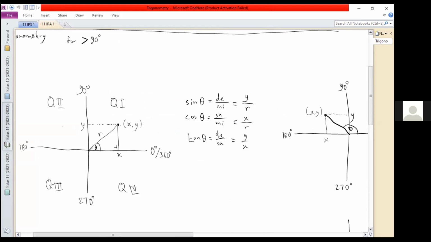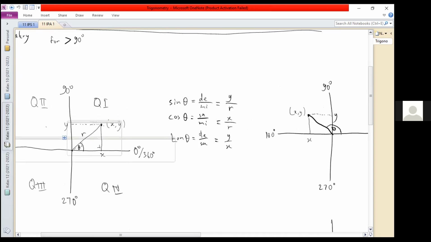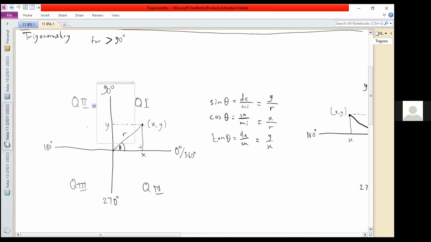Okay, so I gave you some examples here. The region between 0 and 90 degrees is called the first quadrant, quadrant 1. The region between 90 and 180 degrees is the second quadrant. The next one, from 180 to 270, is the third quadrant, and the last one, from 270 to 360 degrees, is the fourth quadrant.